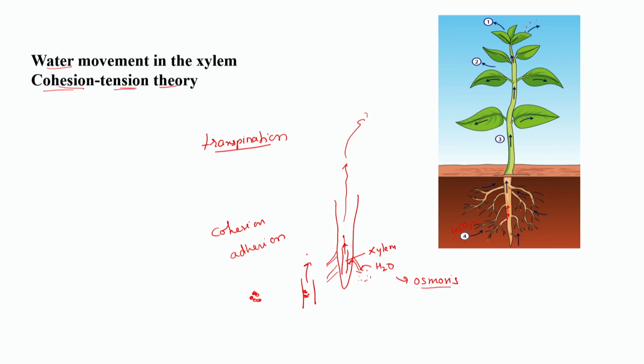When transpiration is going on and water is pulled in the upward direction and evaporated from the leaf, these cohesion and adhesion properties help the water move upward through the xylem of the root, then the xylem of the stem, and finally into the leaves, where it evaporates into the outer environment.